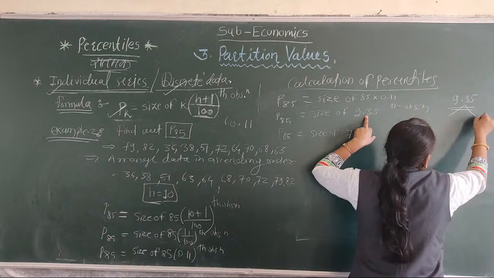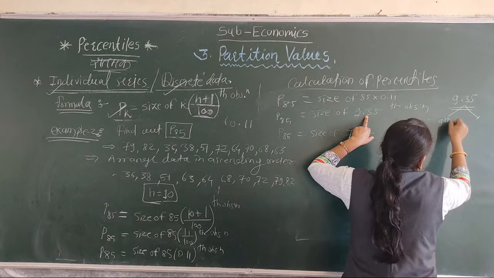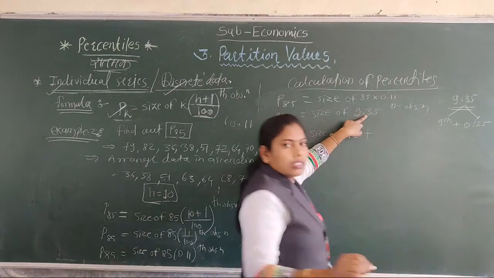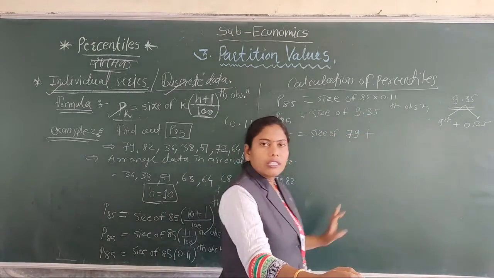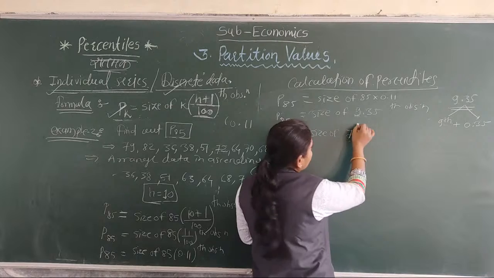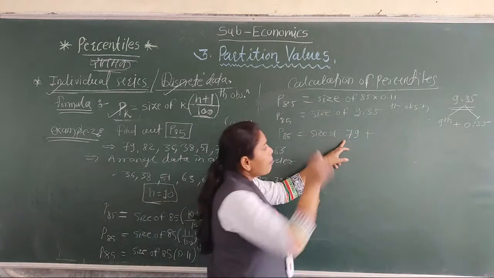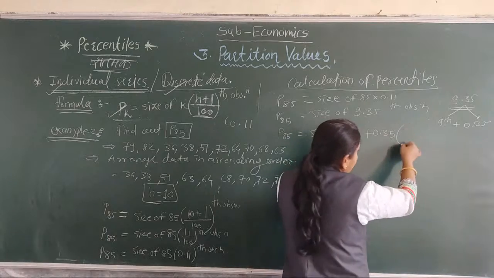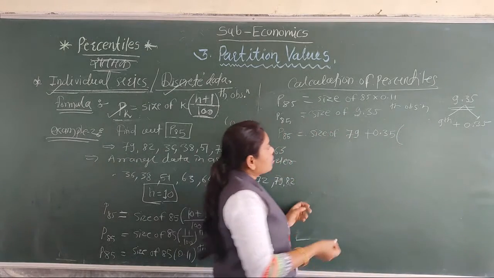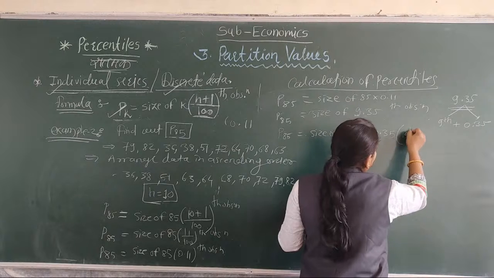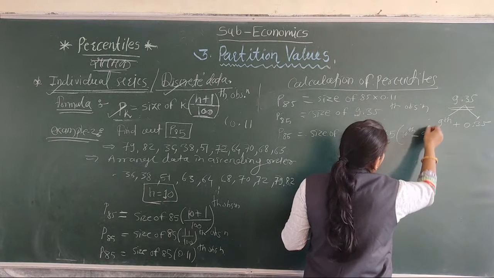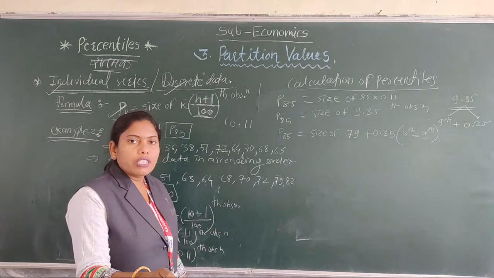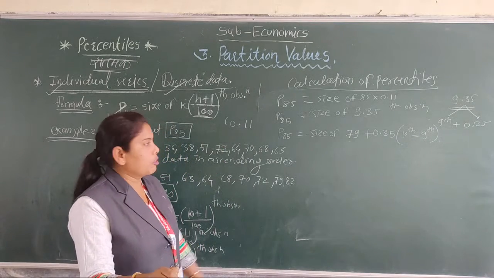9.35 separated means ninth observation plus 0.35. Separate it: 0.35 means ninth observation in this series, 79, plus 0.35 and then the 10th observation minus the 9th observation.